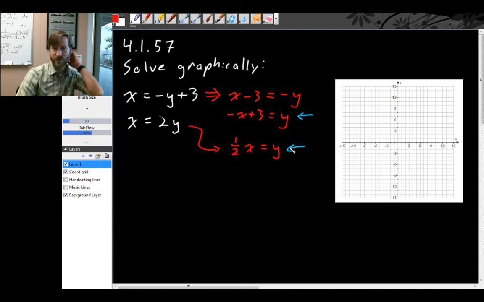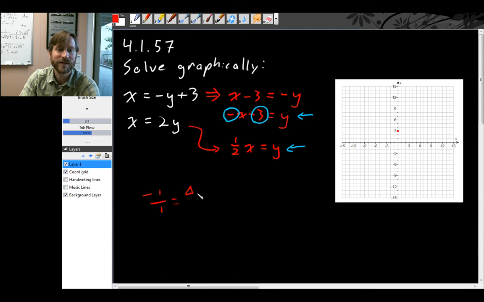Okay, so for the first equation, let's graph this one. The slope is right here. That's negative 1. And the y-intercept is right here. That's 3. So we'll go to the y-intercept, which is 3. And we'll move according to the slope, which is negative 1. And remember, a slope of negative 1, that's really negative 1 over 1.